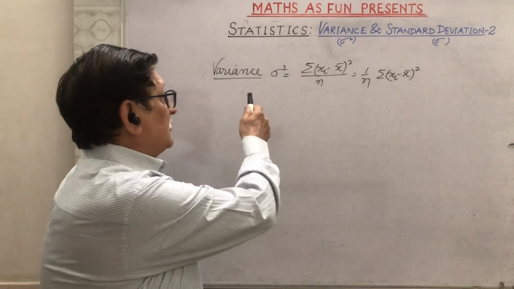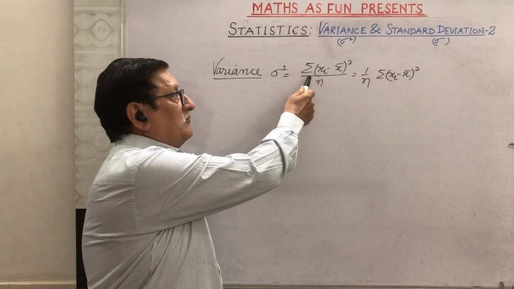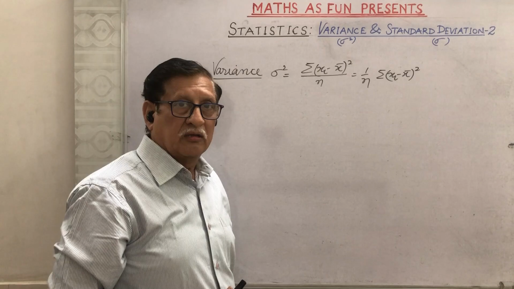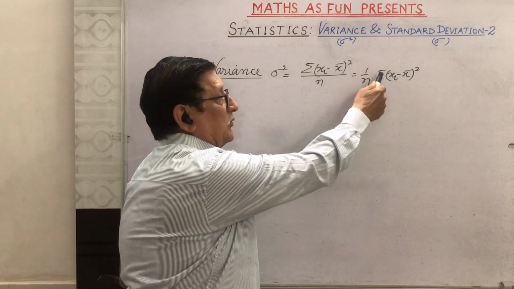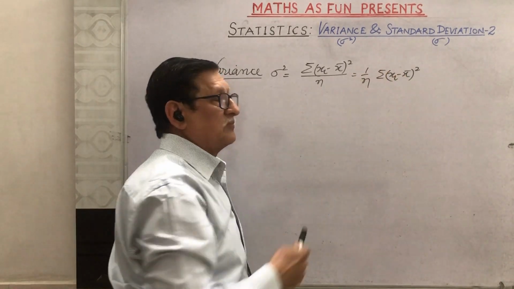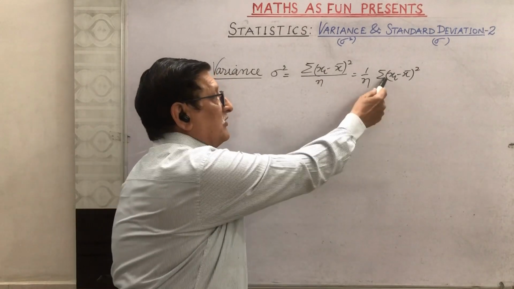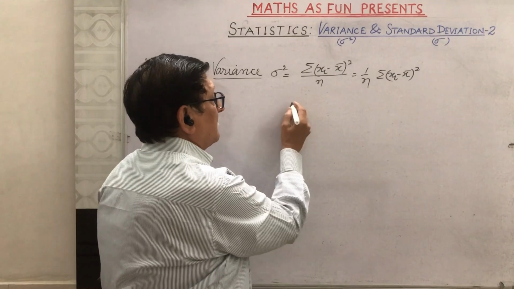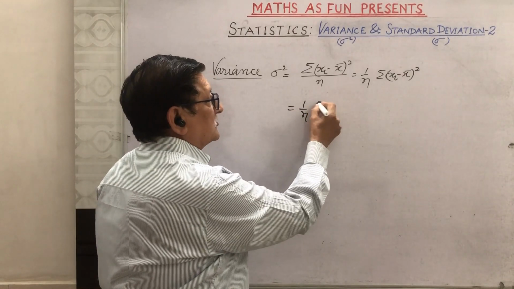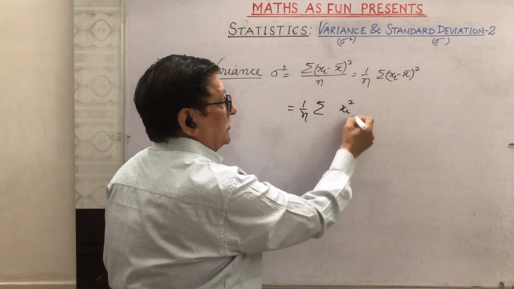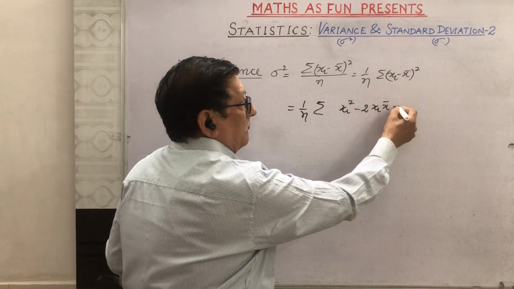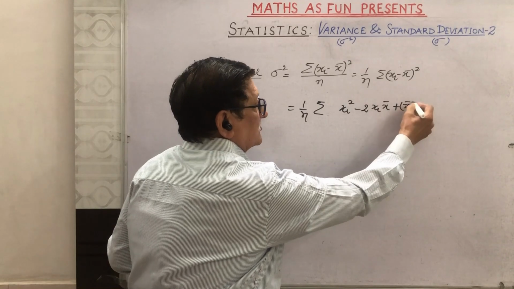Let's see here, the formula for variance is sigma xi minus x bar square divided by n. Or we can write 1 upon n sigma xi minus x bar whole square. If we apply the formula of a minus b whole square here, will it become 1 upon n sigma xi square minus 2 into xi into x bar plus x bar square?